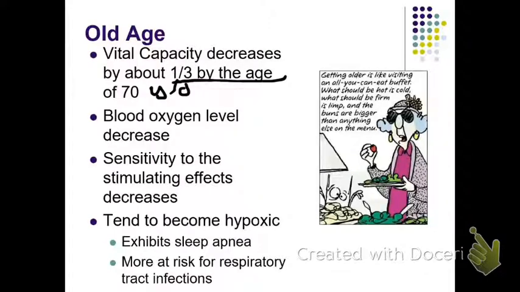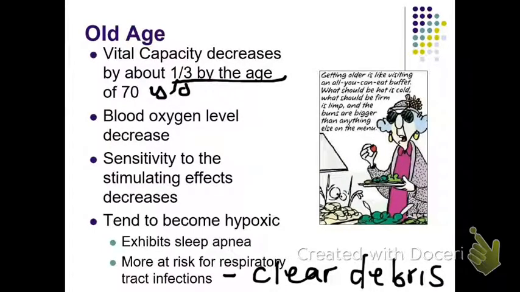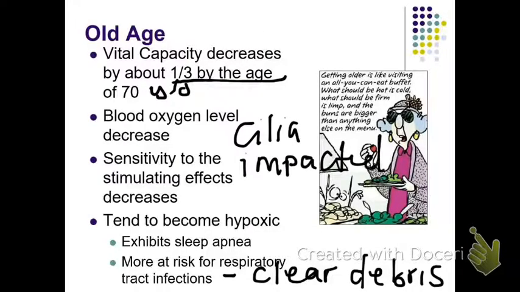You have more chances of becoming hypoxic, such as having sleep apnea or the risk for respiratory tract infections, as your respiratory tract is unable to clear the debris that you typically could. So your cilia might be impacted. Remember, as we age, our ability to function decreases significantly.